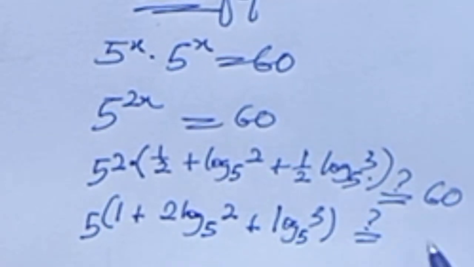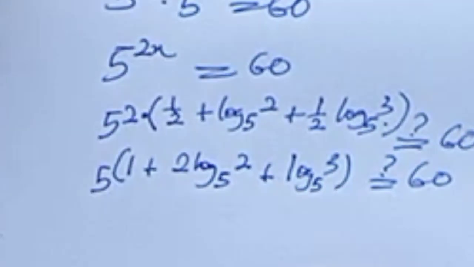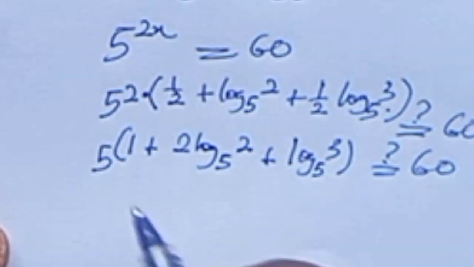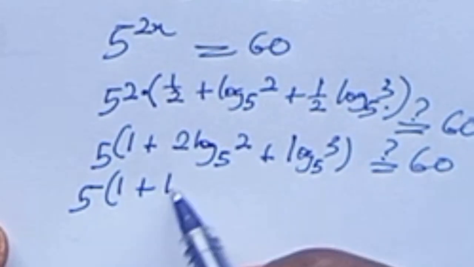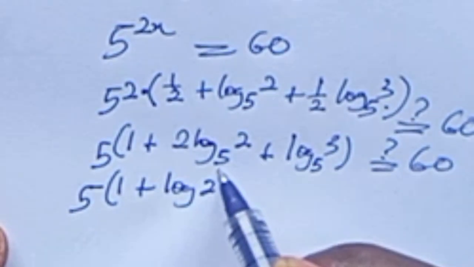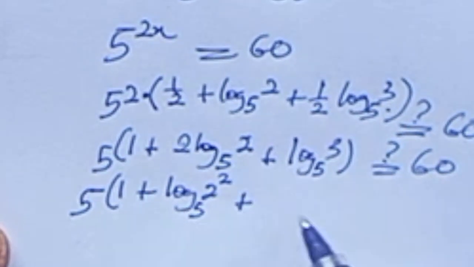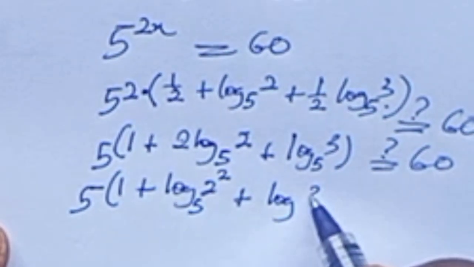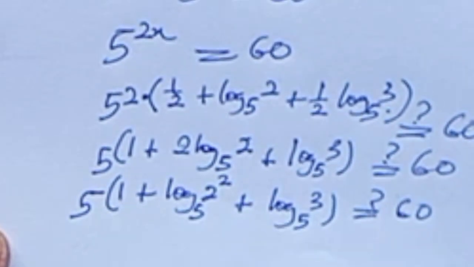Could this be equal to 60? To simplify further, the next line will become 5 to the power of 1 plus log 2 to the power of 2 base 5, the 2 becomes the power, plus log 3 base 5. We want to show if this is actually equal to 60.